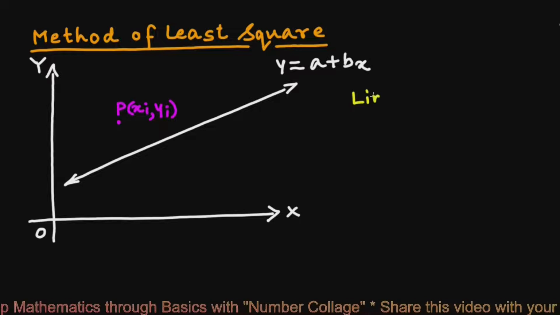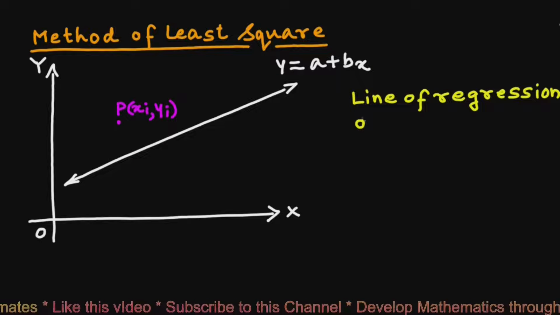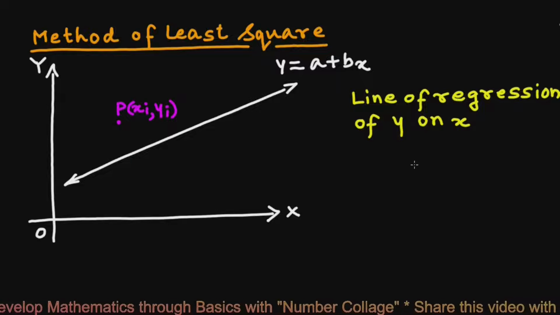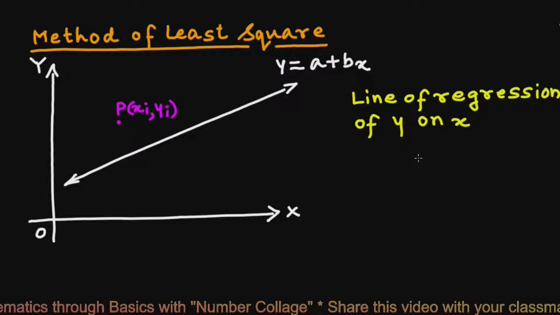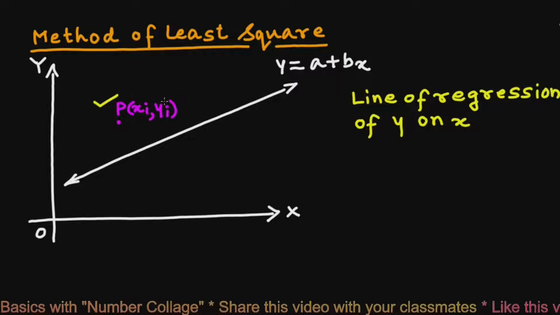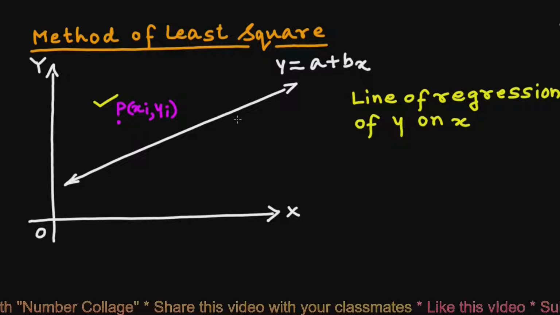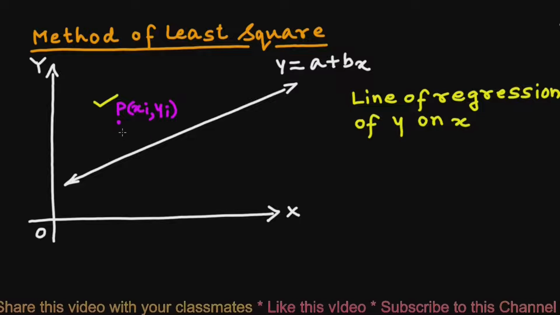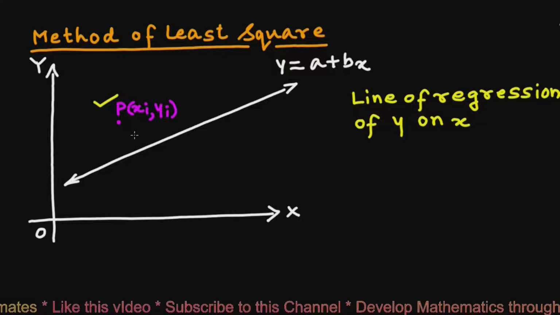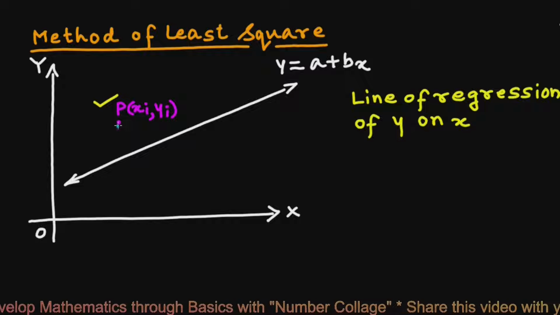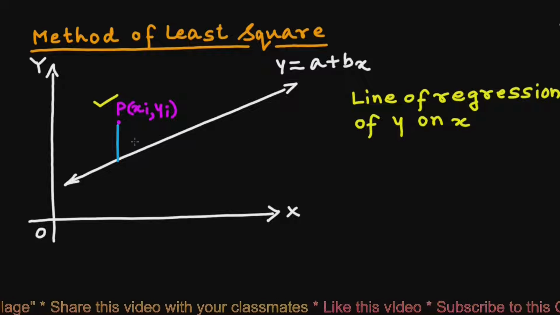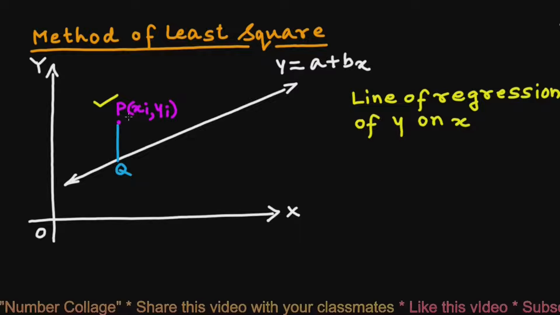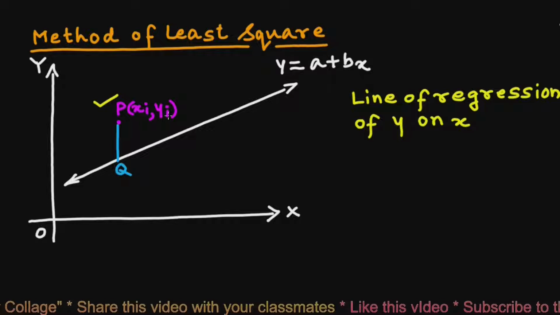To find the line of regression of y on x, we minimize the sum of absolute distances of the points like P(xi, yi) from this line, which is measured along the y-axis. So we draw a vertical line from point P which cuts the line at point Q corresponding to point P(xi, yi).